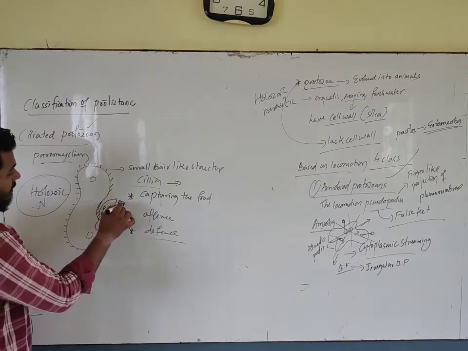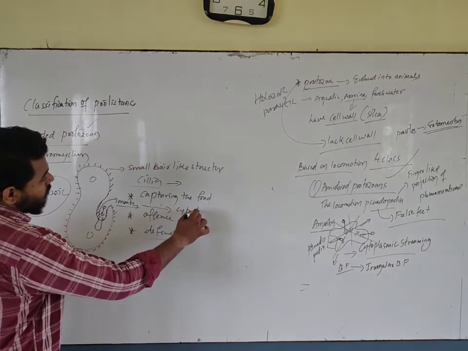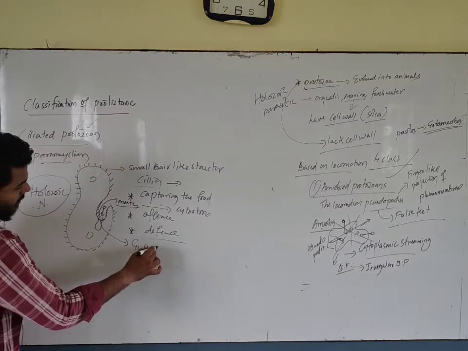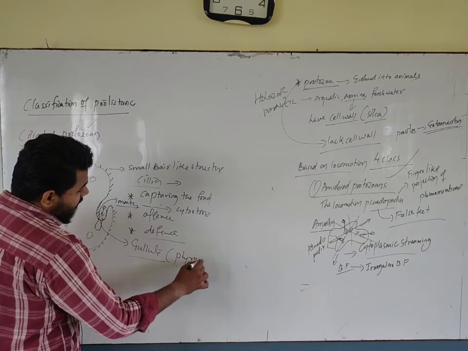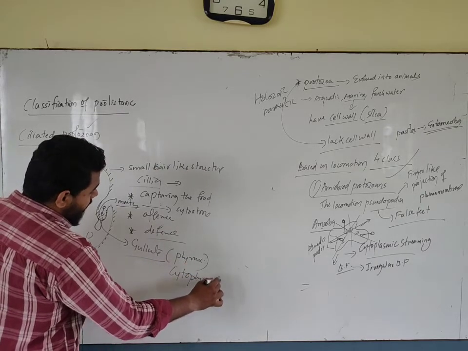So this is the mouth, nothing but cytostome. This is a particular gullet. Gullet in the sense it acts as pharynx or cytopharynx.